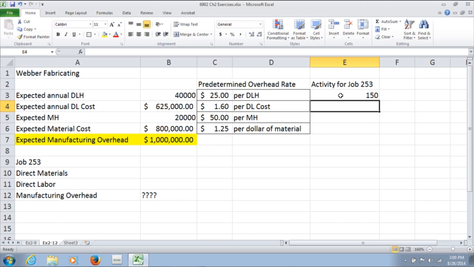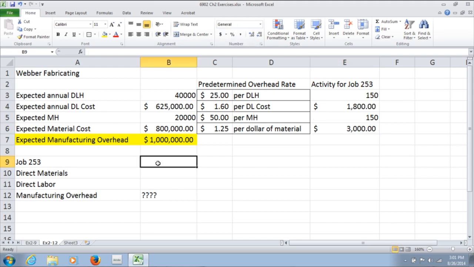The direct labor cost is 150 hours multiplied by $12 per hour, or $1,800. The number of machine hours used was 150, and the dollar amount of the direct materials was $3,000. So again, this is a dollar amount here.